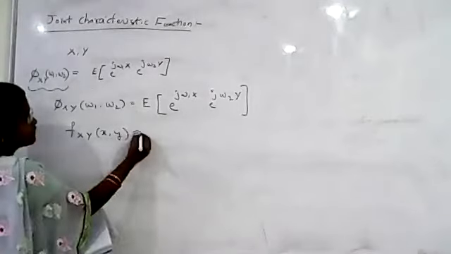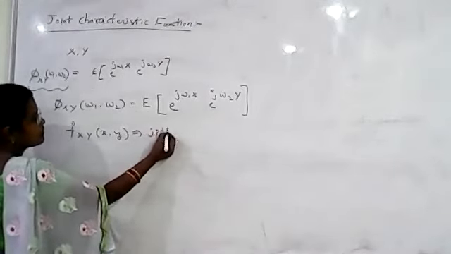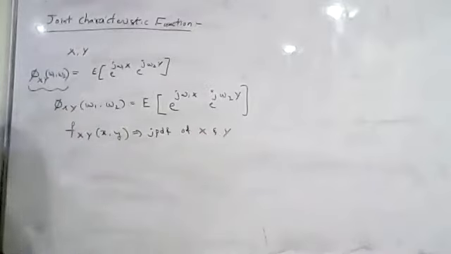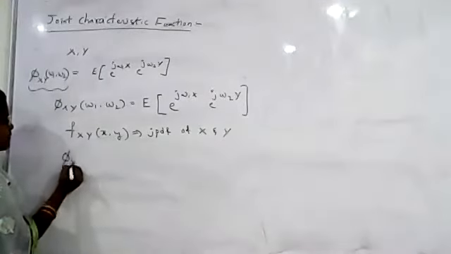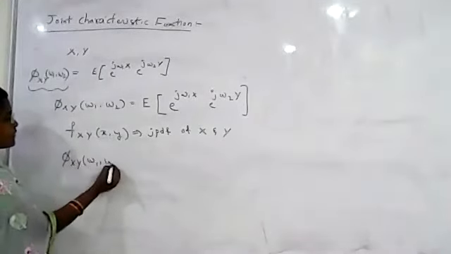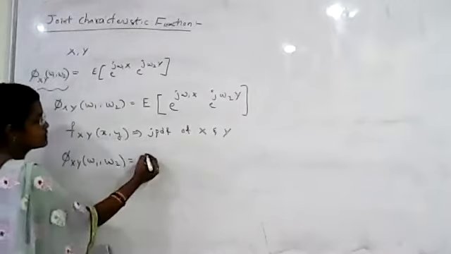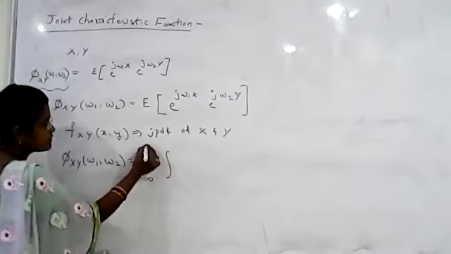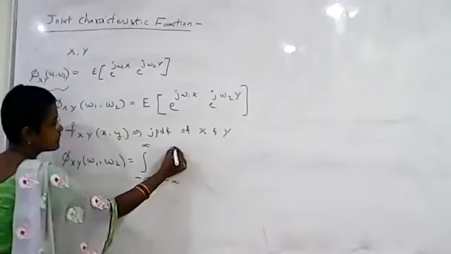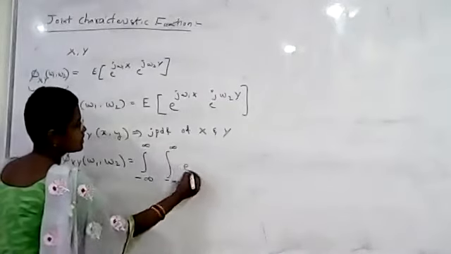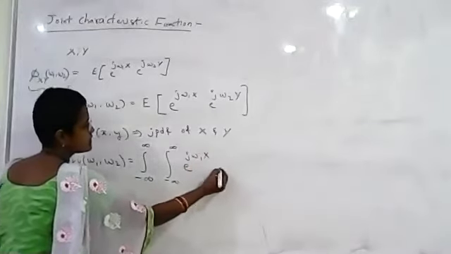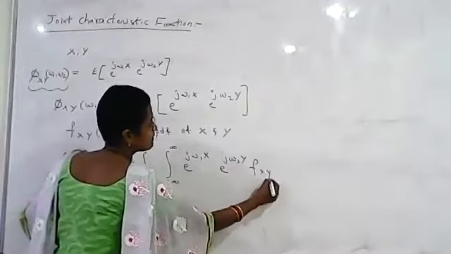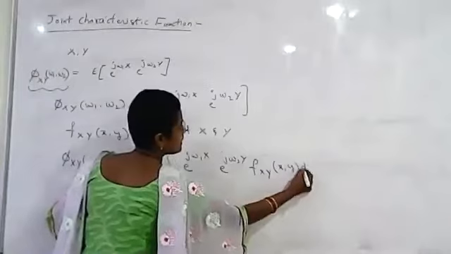Then the formula for phi xy of omega 1 comma omega 2 will be equal to, since you have two random variables here, two integrations: integral minus infinity to plus infinity, integral minus infinity to plus infinity, e power j omega 1 x, e power j omega 2 y, f xy of x comma y dx dy.